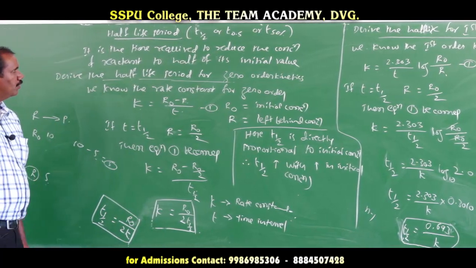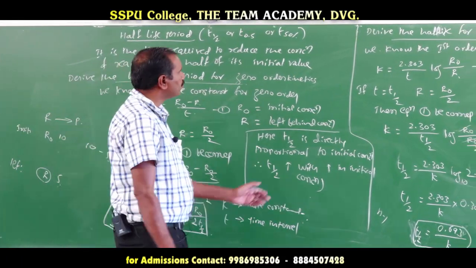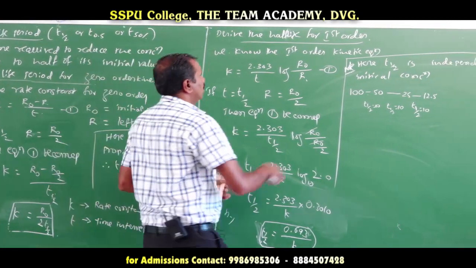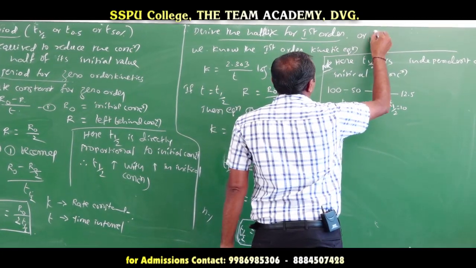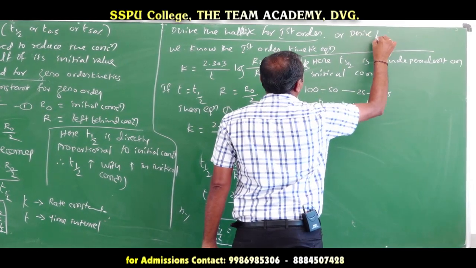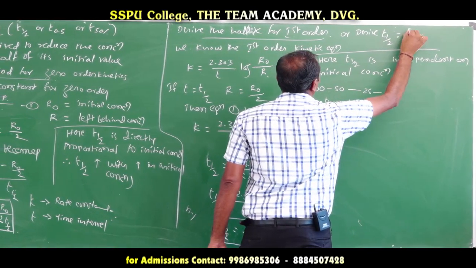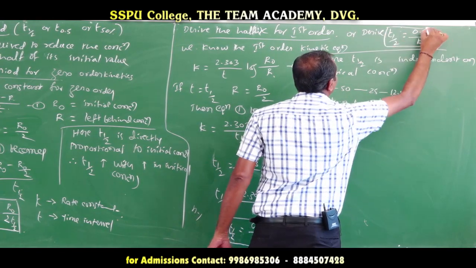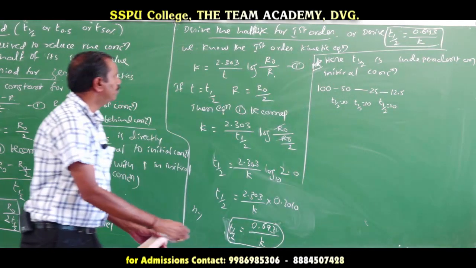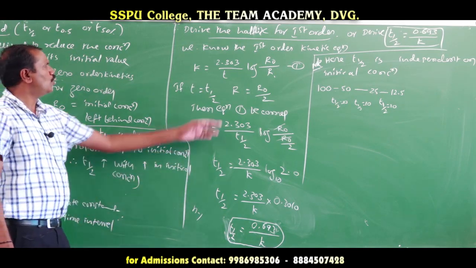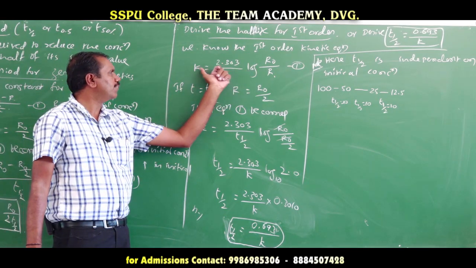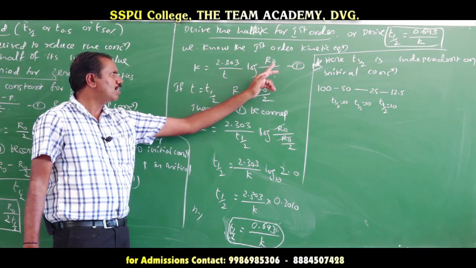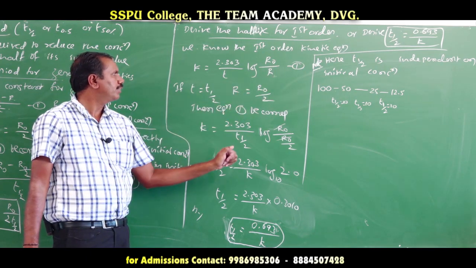Now, you see, once again, derive the half-life period for first order kinetics, or derive t half equals 0.693 by k. We know the first order kinetic equation, where k equals 2.303 by t log of R naught by R. Okay?